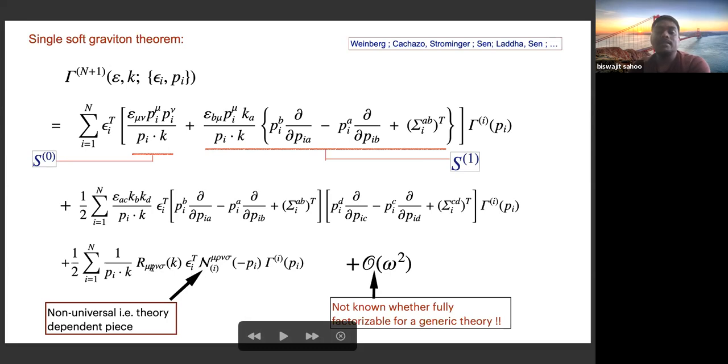And since the Riemann tensor involves two derivatives of the metric, that gives an extra two powers of soft momenta. That is why, relative to the leading soft theorem, it appears at sub-subleading order, and this is a theory dependent piece.